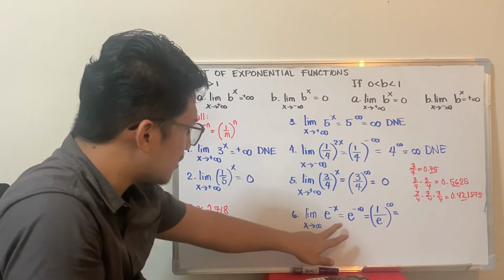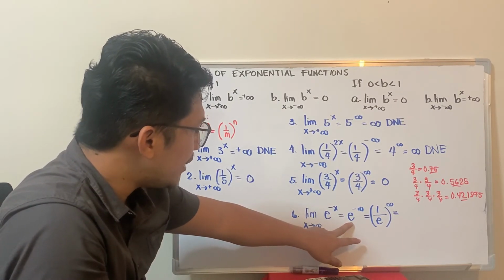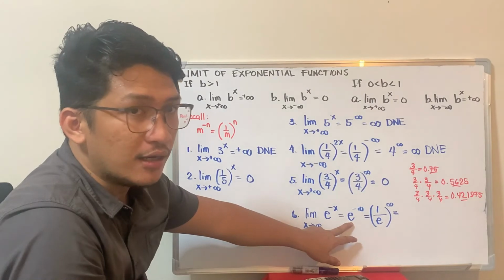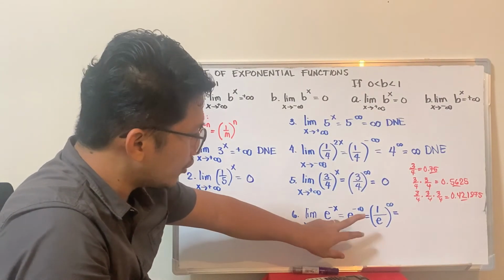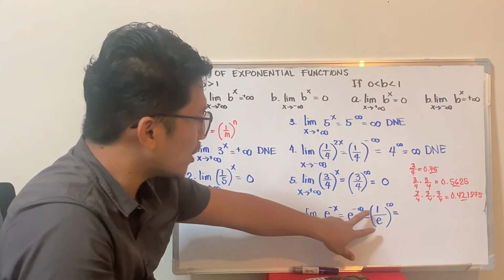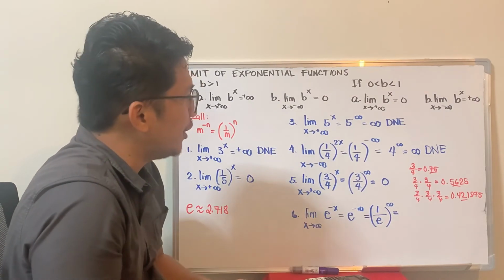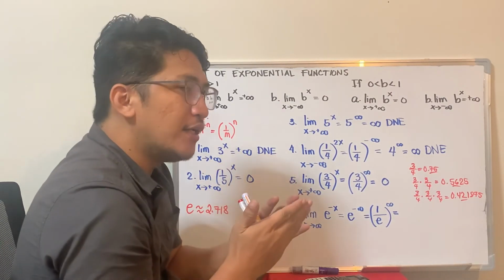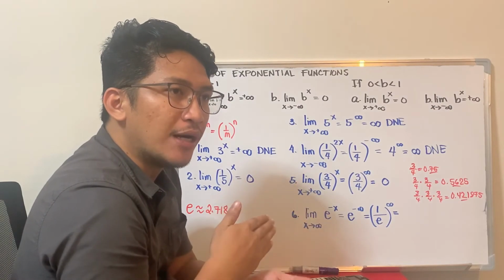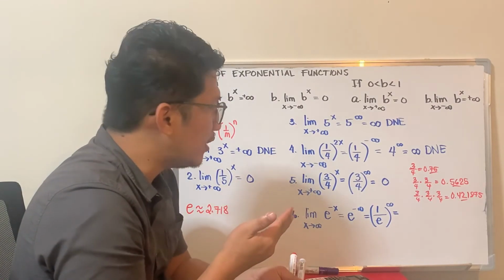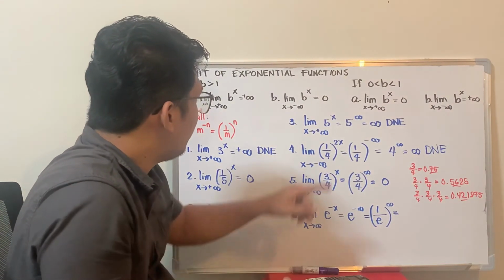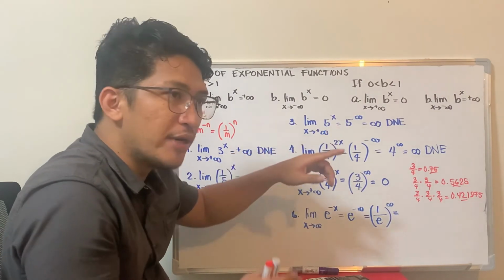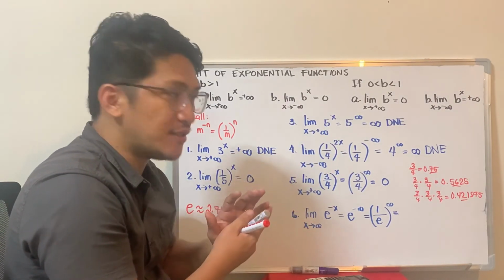So the logic is, letter e is greater than 1. If you take its reciprocal, it becomes less than 1. Right? That is the logic. A number greater than 1, when you take its reciprocal, becomes less than 1. For example, 5, its reciprocal is 1 over 5, so it becomes less than 1.